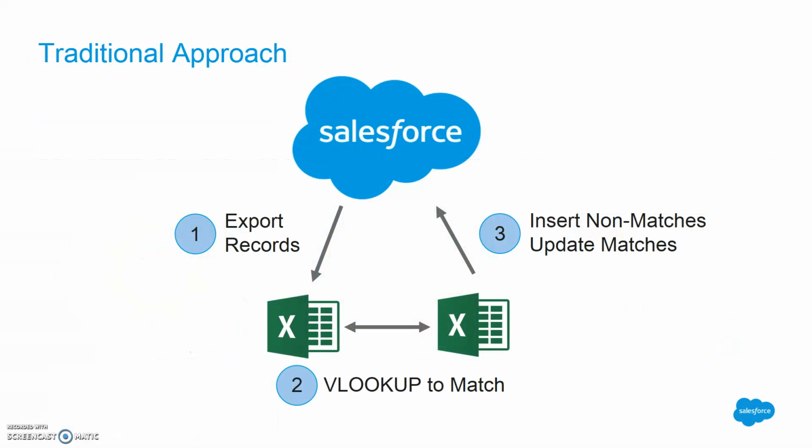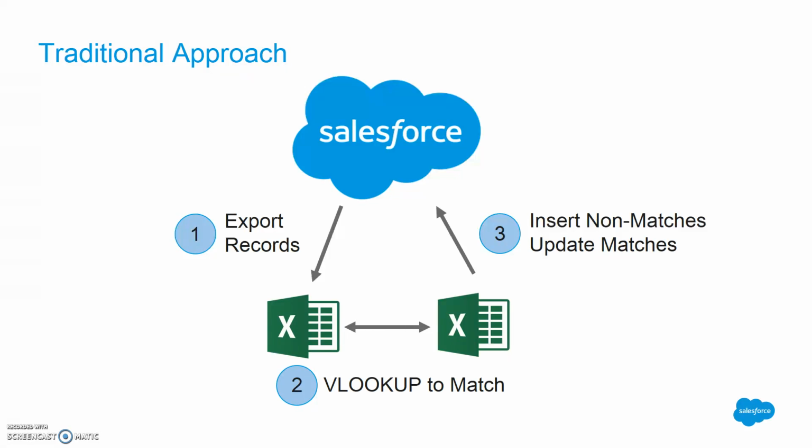In the traditional approach, or at least how I started, I would have my CSV file of data I needed to load, but then I'm stuck asking this question. How do I know if I've loaded these records before? How can I apply updates if I don't know what their Salesforce ID is? So I did the only thing I knew.